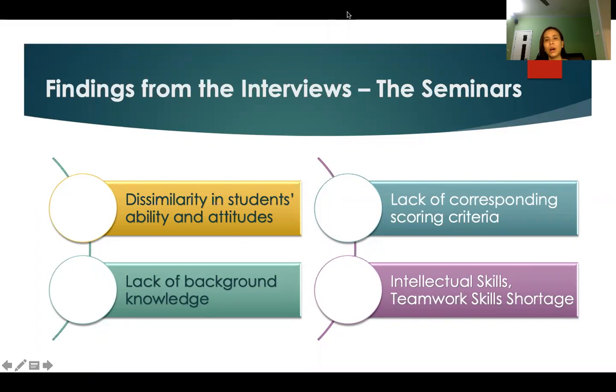For example, sometimes the seminars cannot acquire the high level of cognitive skills, and each student has his or her own scoring criteria. So to some extent, the scoring will lead to some unfairness.